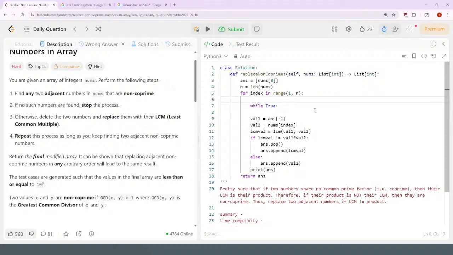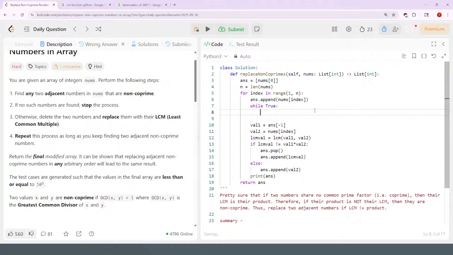So I think it's actually something like: index 1, answer append the value at the index in the nums array, and then see if you can combine the top two of the answer array. More like an answer stack.